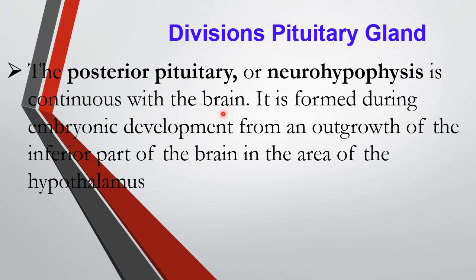Okay. So, ang kanyang origin, embryonic origin niya is the inferior part of the brain. Okay? So, definitely, your posterior pituitary is a portion of the brain, no, that originates on the inferior part of the brain in the area of your hypothalamus.